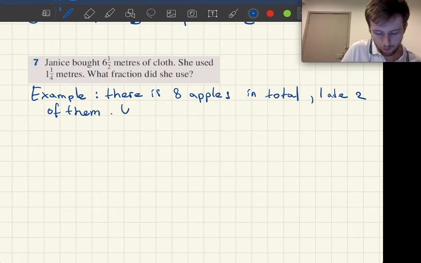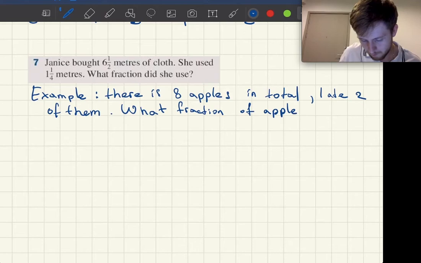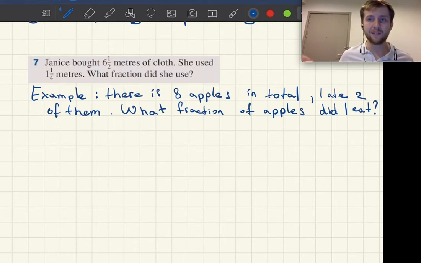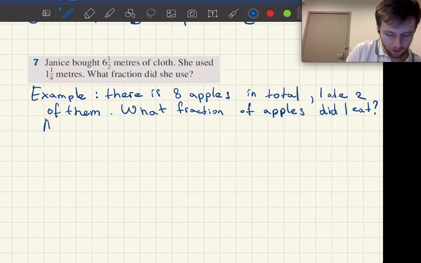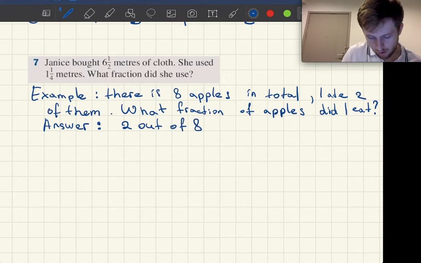The question is, what fraction of apples did I eat? So the answer here is 2 out of 8, which can be written as 2 out of 8.